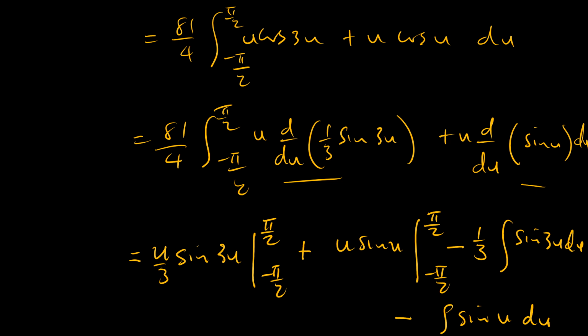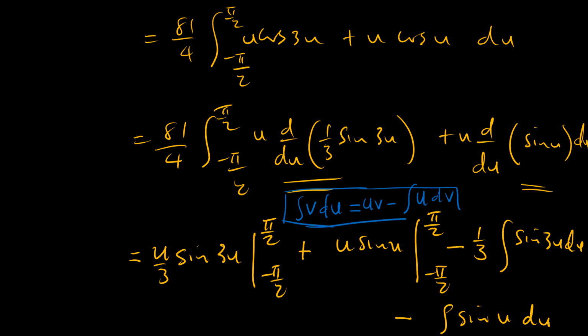And so one may ask why we did this. I consider this as two separate integrals, this and this, and then I use integration by parts, and let me use a different color to denote that. Integration by parts tells us that if you're integrating a product of u and the derivative of a function capital V, you get uV minus the integral of the product of capital V and the derivative of function u, like that.